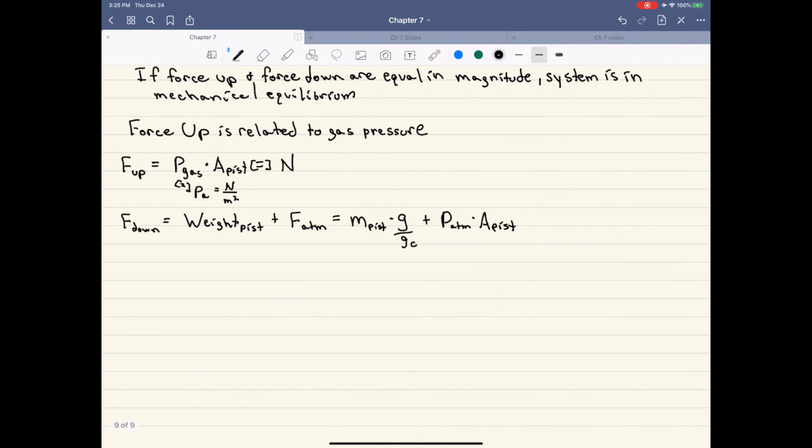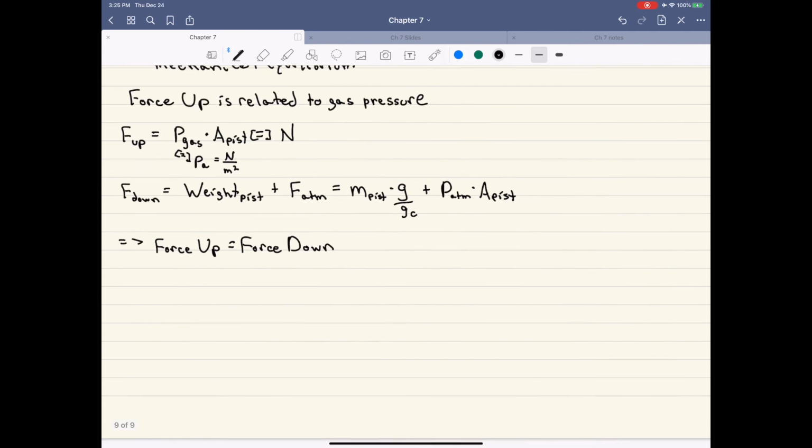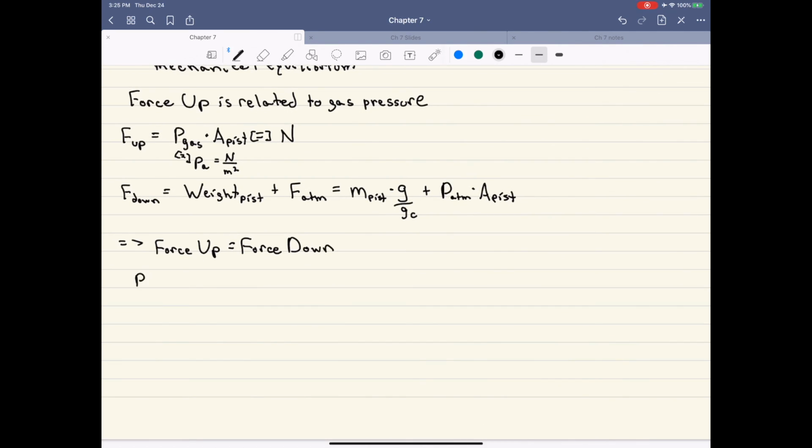In any case, since we're in mechanical equilibrium, what we have is force up is equal to force down. All right, and so what we have here now is we could say pressure of the gas times surface area of the piston is equal to the mass of the piston times g over gc plus the atmospheric pressure times the area of the piston.